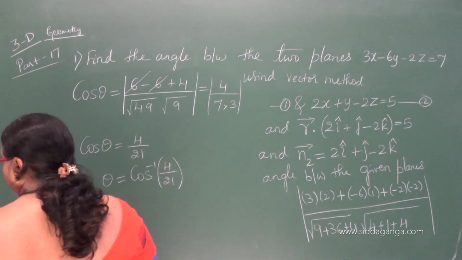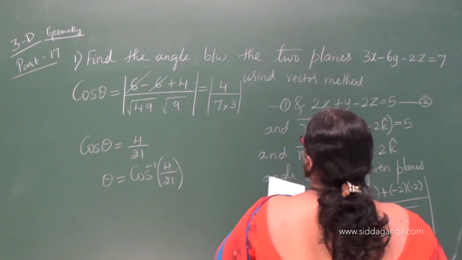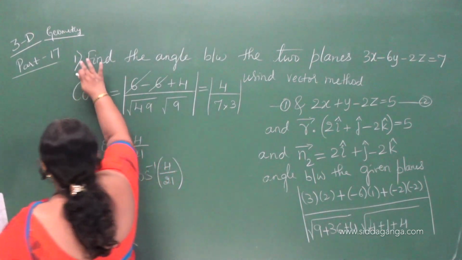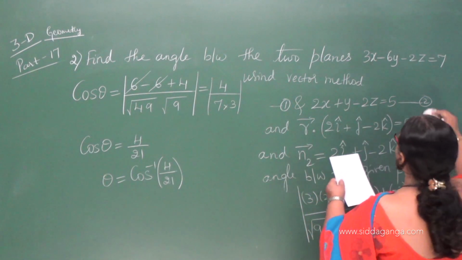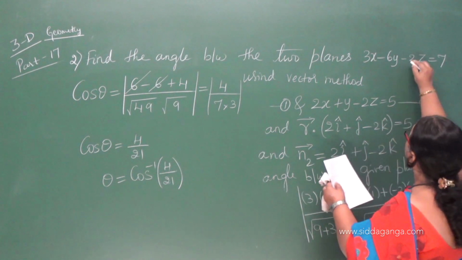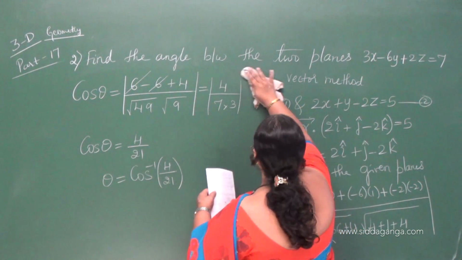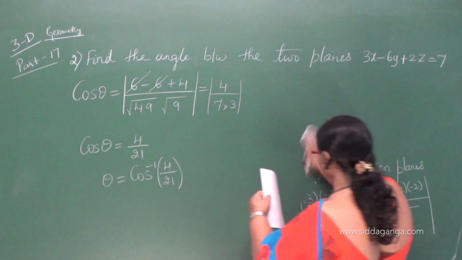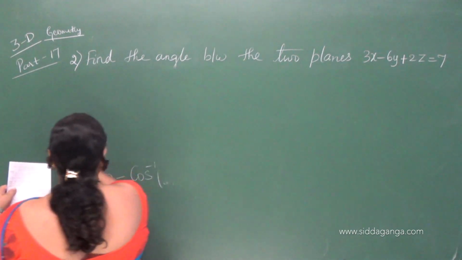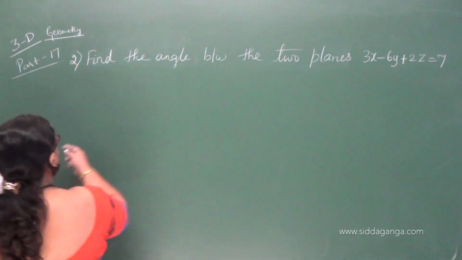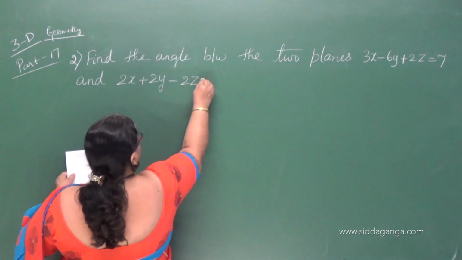So now you take another example. Find the angle between the two planes, second example: 3x minus 6y plus 2z equal to 7, and the second plane is 2x plus 2y minus 2z equal to 5.